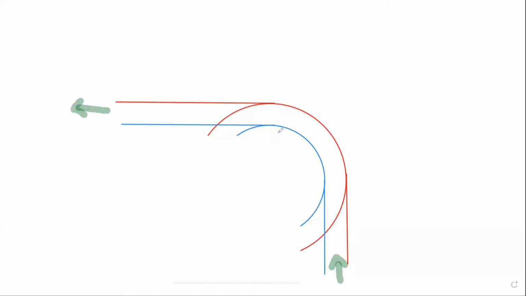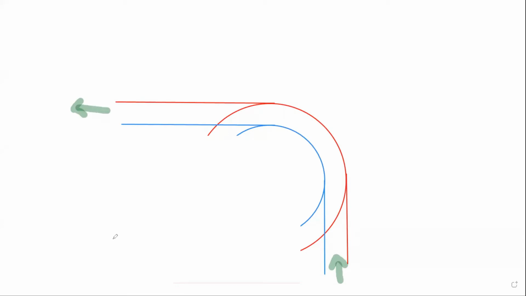In order for this to happen, we discussed the differential. In the differential, we discussed that the inner wheels have to travel a shorter distance and the outer wheels have to travel a longer distance. The same thing is happening in the front axle also.